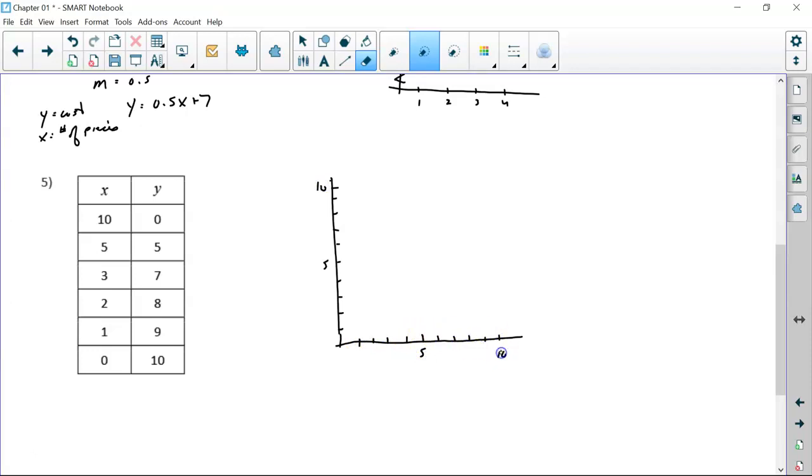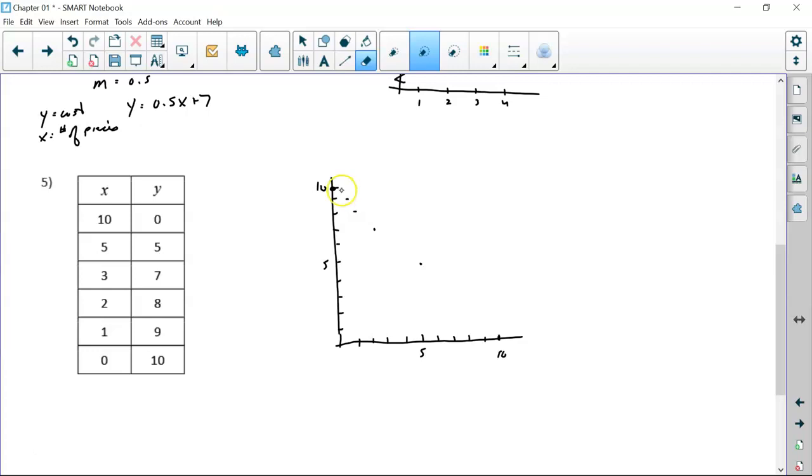So let's graph it and let's come up with an equation. So we're at 10, 0, 5, 5, 3, 7, 2, 8, 1, 9, and then 0, 10.